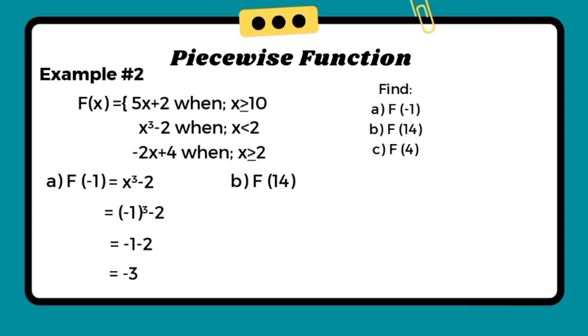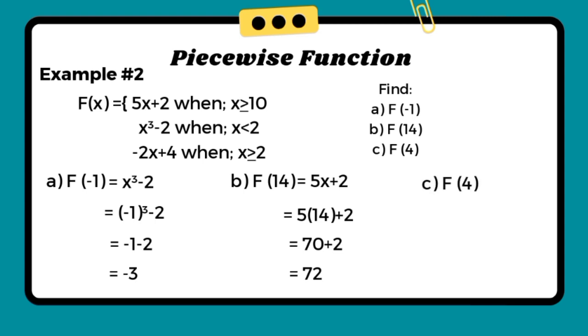So we use 5x plus 2, because that is where it belongs. After that, we substitute the value of x: 5 times 14 plus 2. 5 times 14 is 70, and 70 plus 2 is equal to 72. So that is the answer to letter B. And let's proceed to letter C.